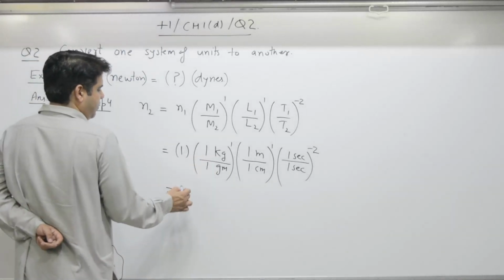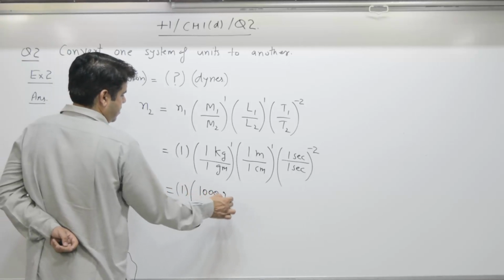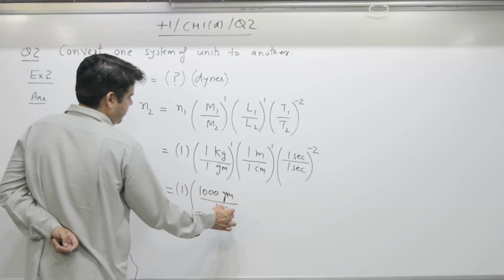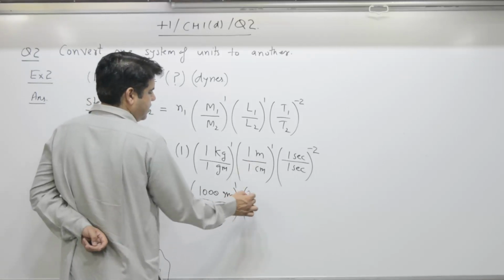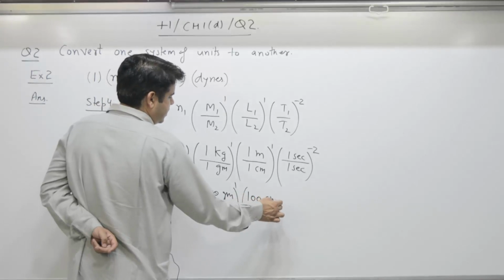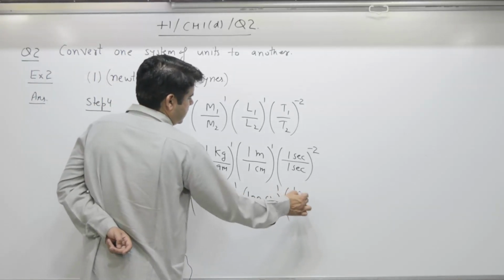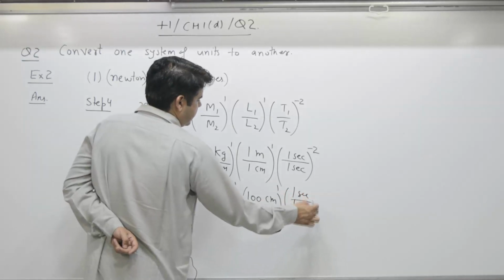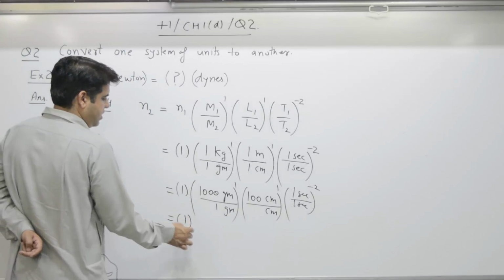This is 1 kg, this is 1 gram. 1 kg is how many grams? 1000 grams by 1 gram. 1 meter is how many centimeter? 100 centimeter by 1 centimeter. 1 second by 1 second, power minus 2. 1, this is how much?